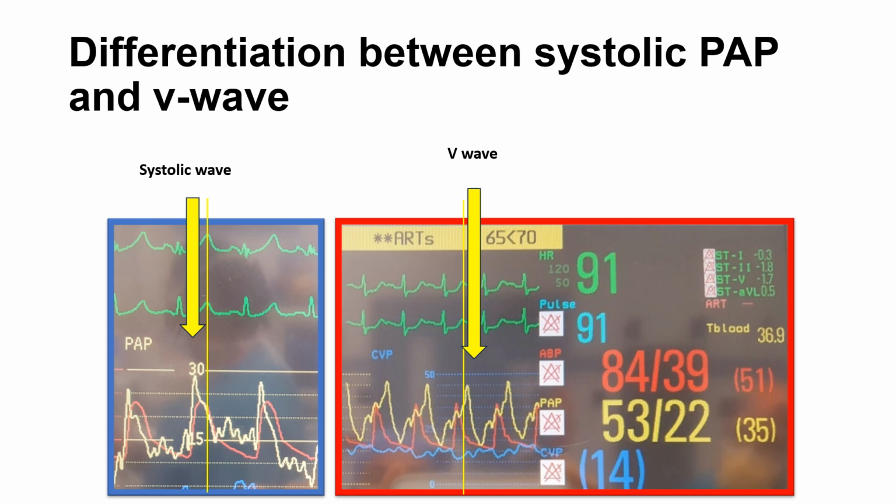The V wave occurs right at the peak of the T wave or just slightly afterwards, and the S wave, the systolic wave, occurs before the peak of the T wave, and that's how we distinguish between the systolic wave and the V wave, which is important for the diagnosis.